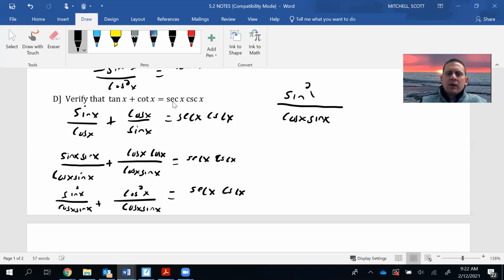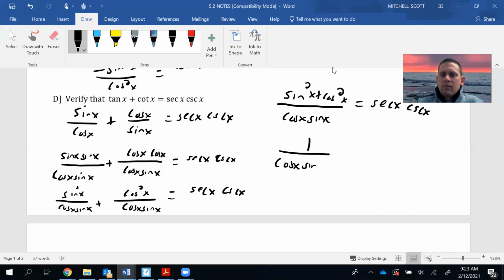So then we'll have sine squared x plus cosine squared x on the top, and we still equal the secant times the cosecant. On the top, that's a Pythagorean identity. That one should start to become very familiar. Sine squared plus cosine squared is 1.